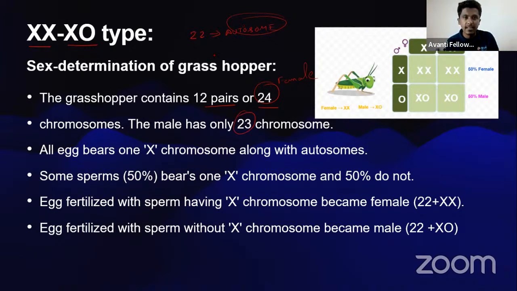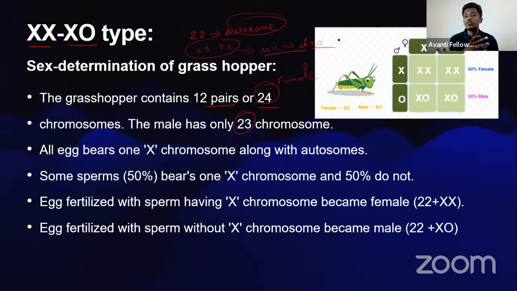And the remaining ones, that is the 23rd and 24th chromosomes in the female, are called sex chromosomes. These sex chromosomes are very much responsible for the formation of gonads, formation of reproductive structures, maturity, sexual behavior, etcetera. Understood?